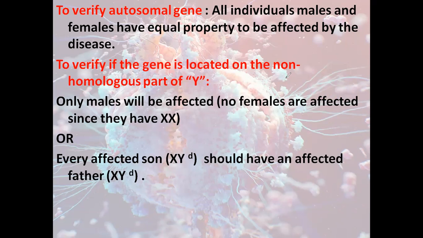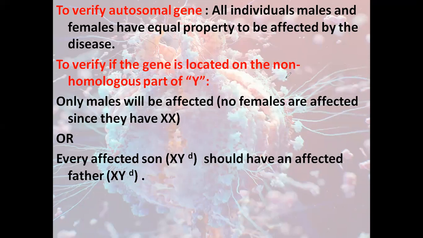So I will repeat. To verify that the gene is located on the non-homologous part of Y, what do you have to do? Either you look at the pedigree and say only males are affected and none of the females are affected, so this is the case. Or every affected son should have an affected father.